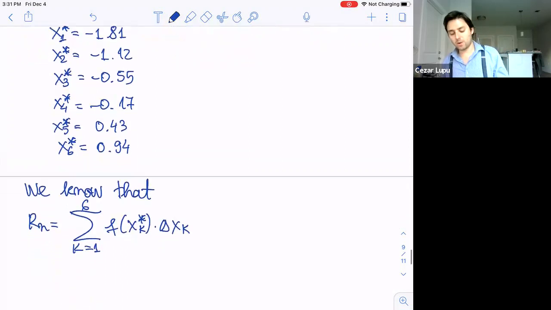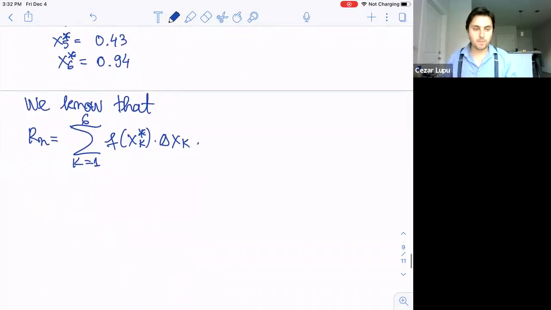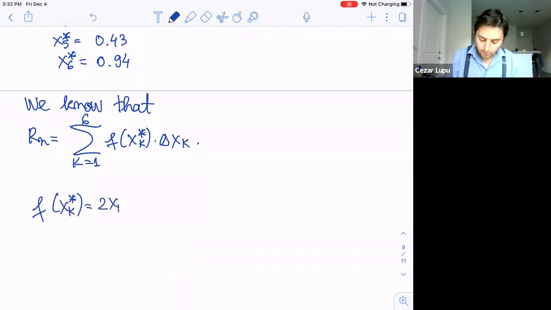All right, and here we go again. We're going to draw again a chart, and keep in mind that f of x is 2x. So f of xk star is 2xk star.